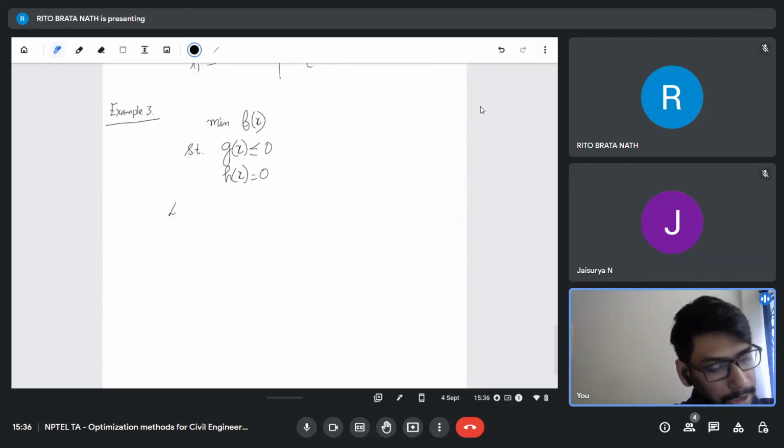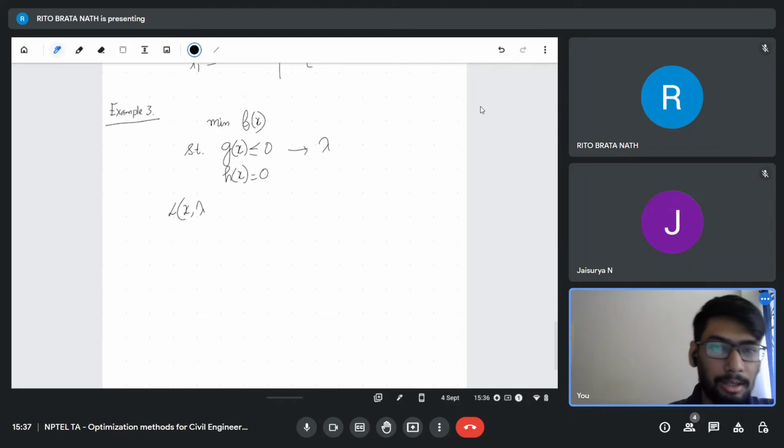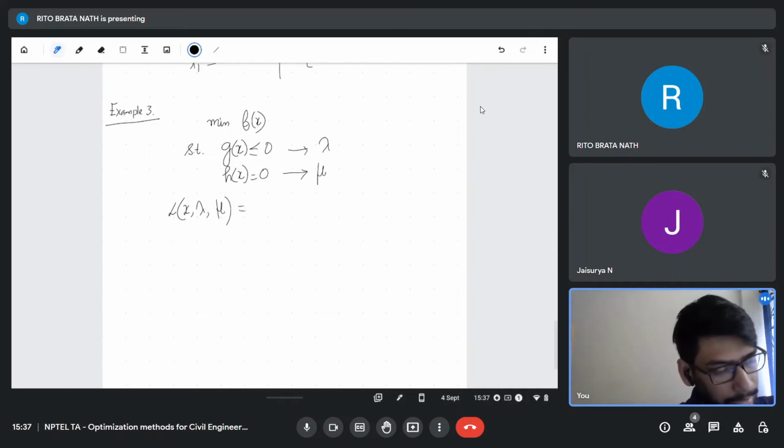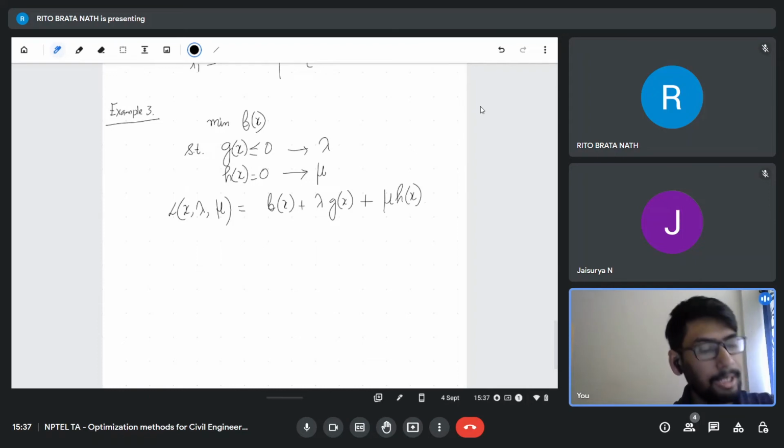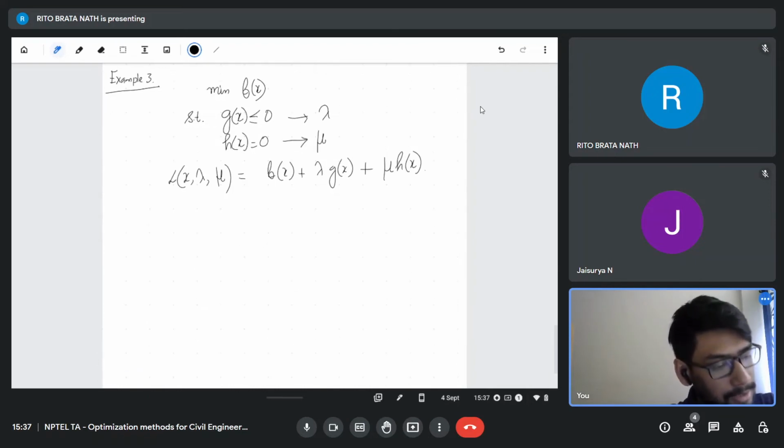And you can write your Lagrangian as before. This will be a function of x, lambda. So corresponding to this, you can imagine a Lagrange multiplier lambda, and corresponding to this, you can imagine another multiplier called mu. So here you can write it in terms of f(x) plus lambda times g(x) plus mu times h(x). So here also you will get delta L by delta x equals 0. So that's one condition.